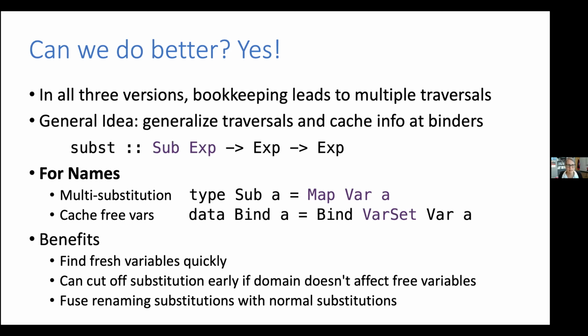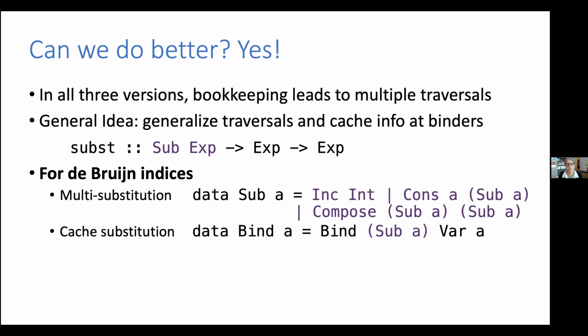If we look at indices and locally nameless, we can also do similar things. For indices, we could represent not just substituting for a single index, but substituting for an infinite number of indices.